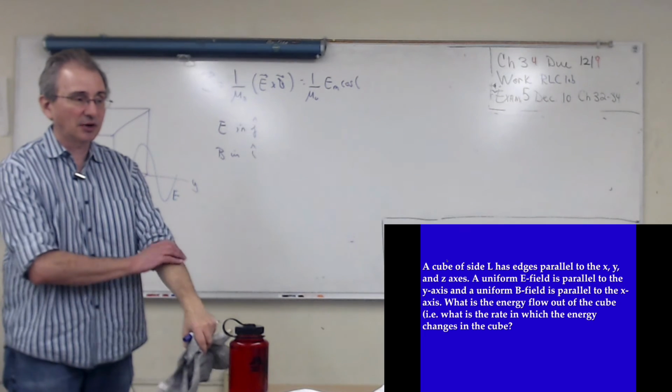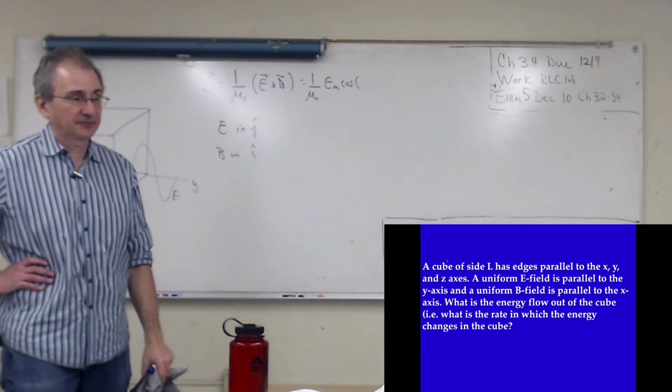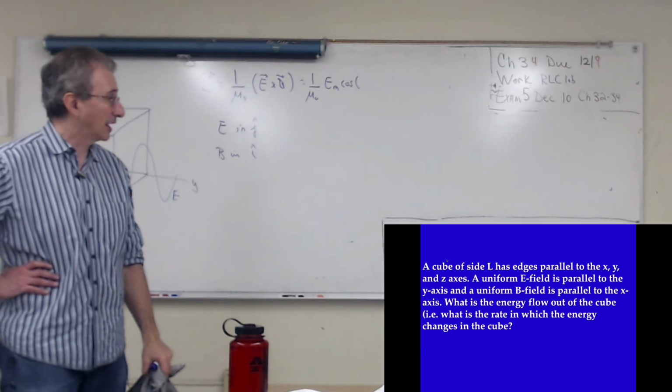What is J cross I? Does anybody know? Isn't it the minus K direction?